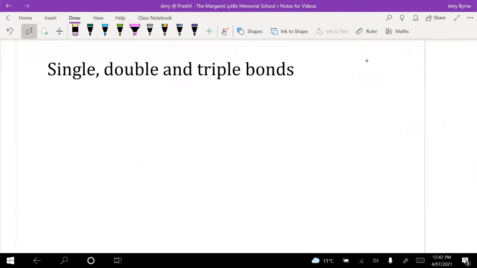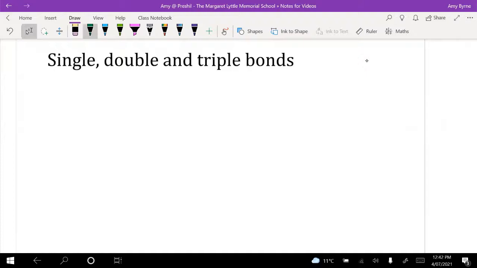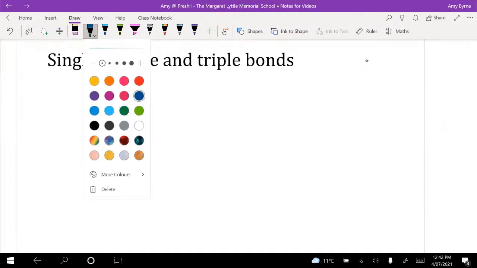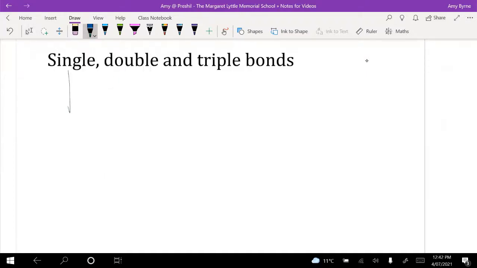However, we can also have, so single is where it is 1 electron from each atom in the bond.